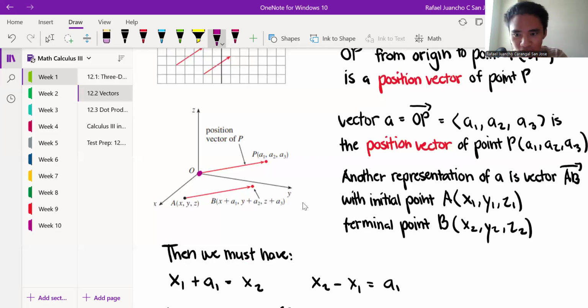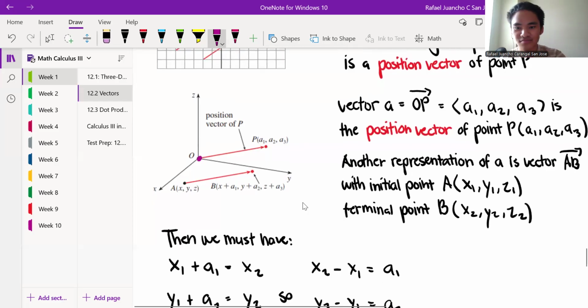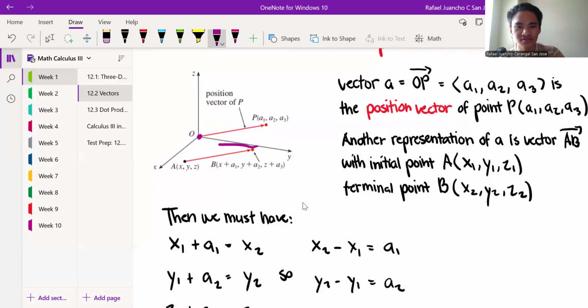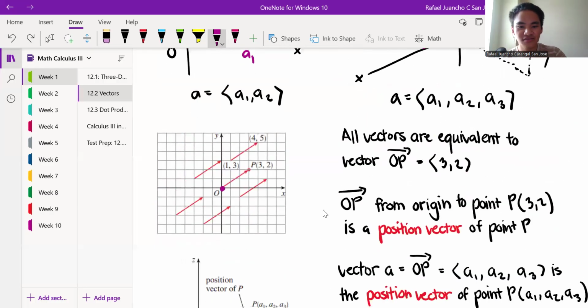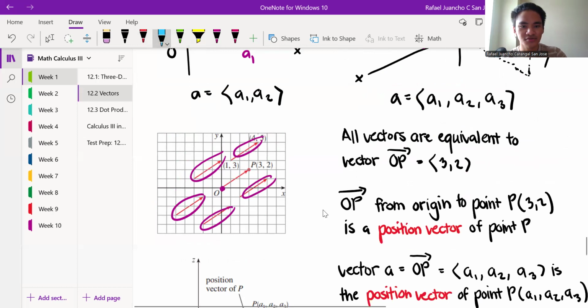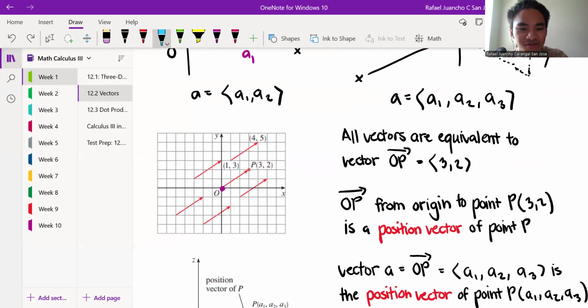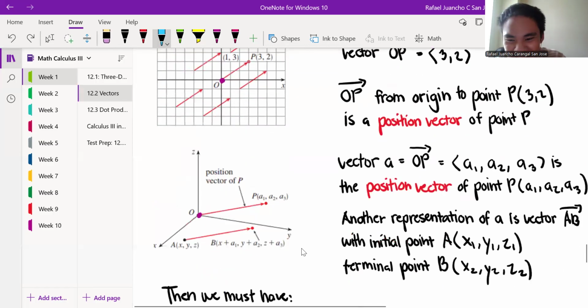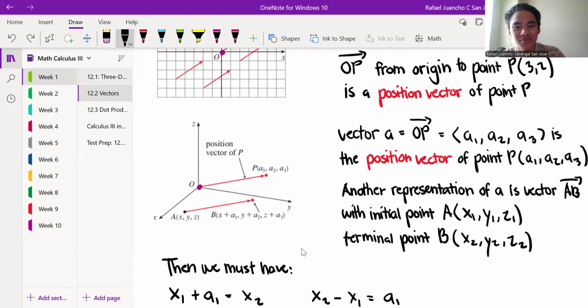Now, what's another representation? It's this vector right here, and it's similar to here. These are various representations of this original one, the position vector. So they're like carbon copies. This is another representation of the original.